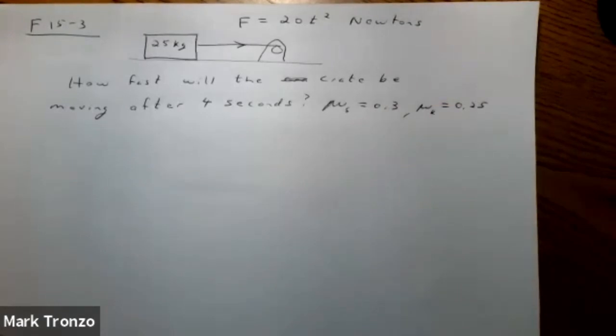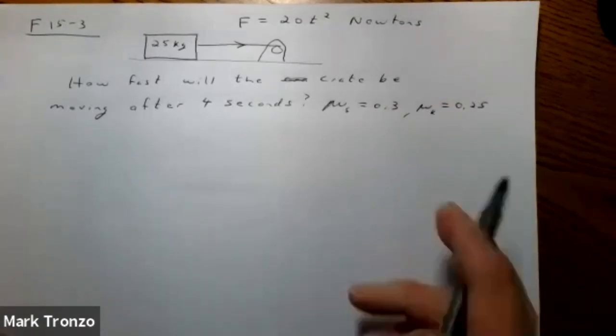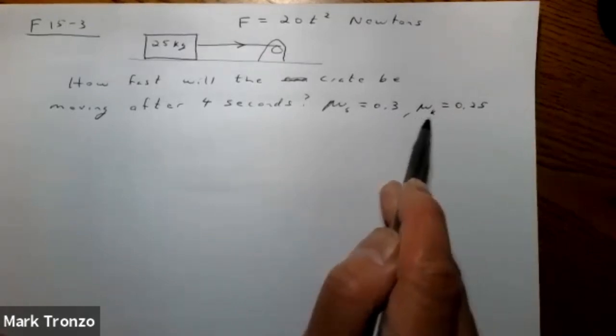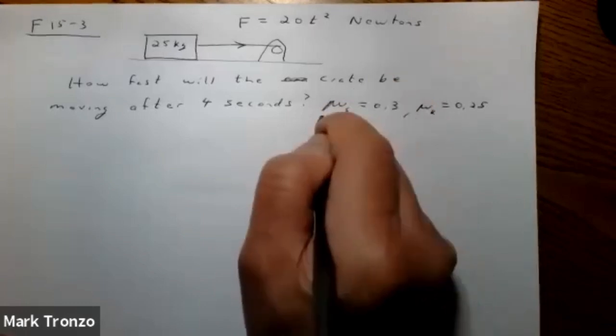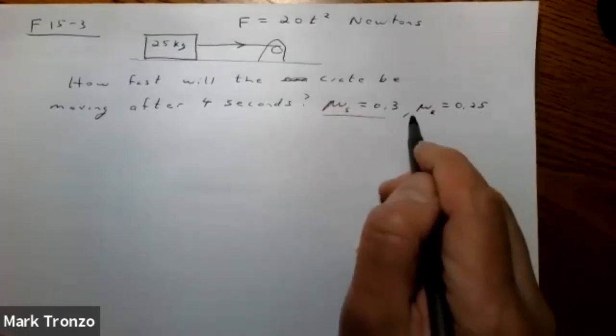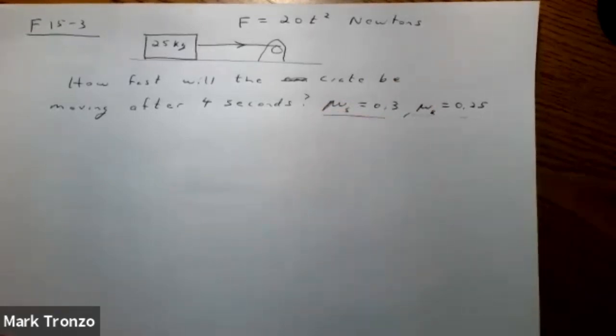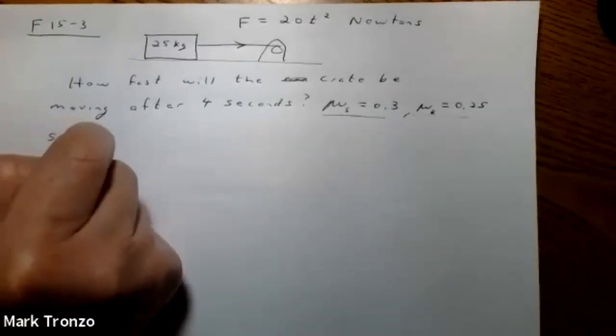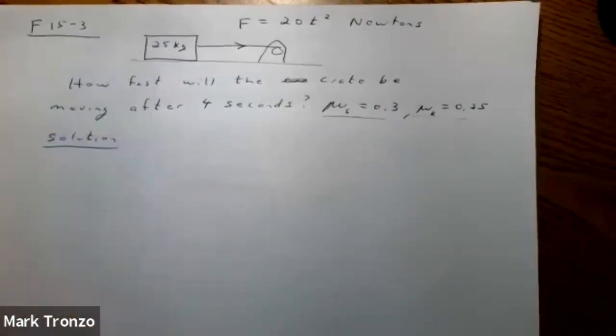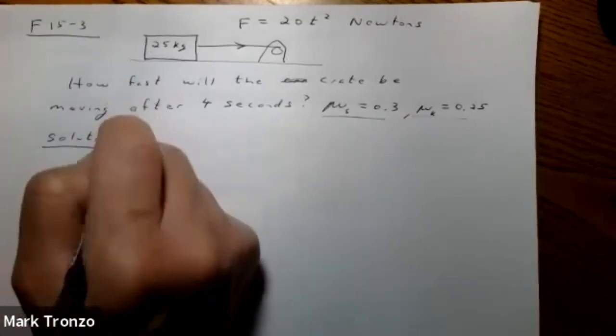Remember, the static friction is how much it takes to get it started, and the kinetic friction is how much friction there is when it's moving. So the static coefficient is for not moving, and the kinetic is the coefficient when it is moving. Anytime we have a problem like this, if the package is still to start with, we have to find out when it starts moving.